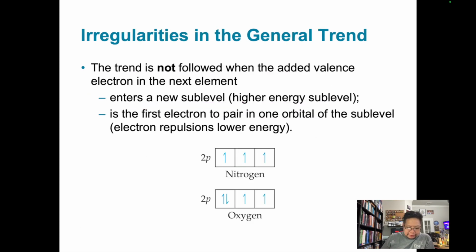So there are some irregularities in the trend, though, and one of these is that if you look at an added valence electron, like on the next element, the trend kind of falls apart, which is interesting.